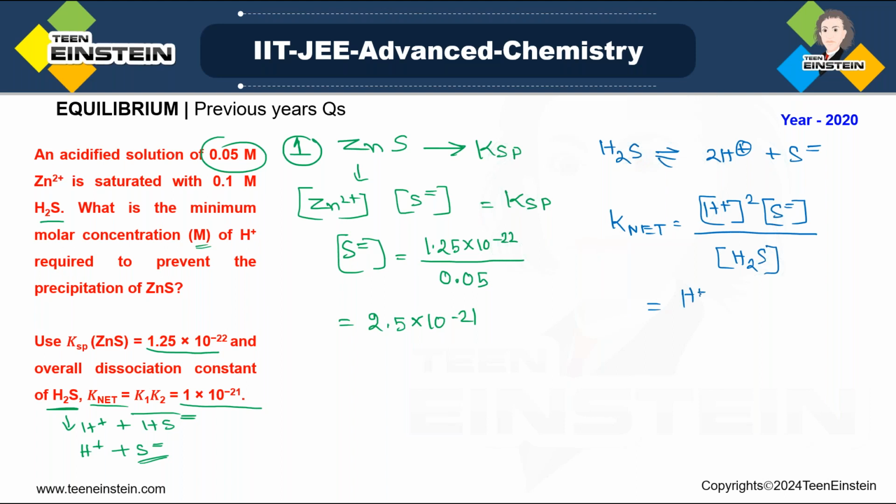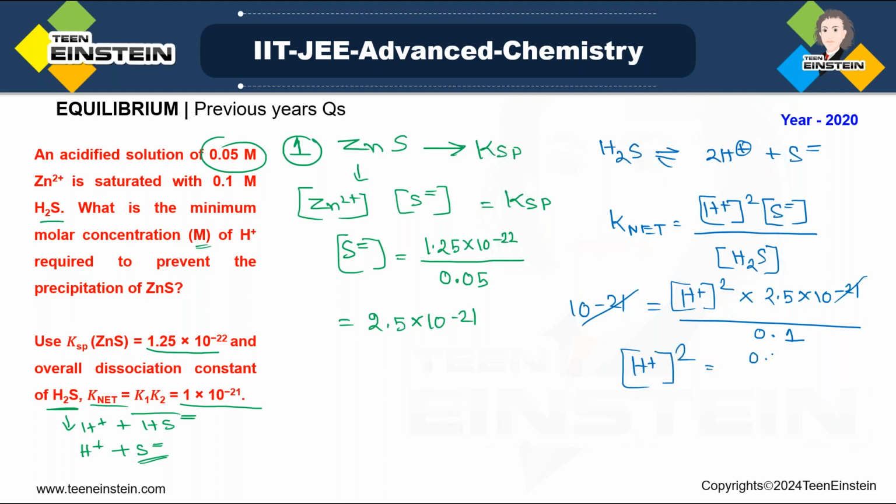Now H+ we do not know, but S2- we have calculated from the previous equation, so we can put it. H2S concentration is 0.1. Knet is given, 10^-21, so you can cancel it both sides. That will be equal to 0.1, 2.5, or 1 by 25.